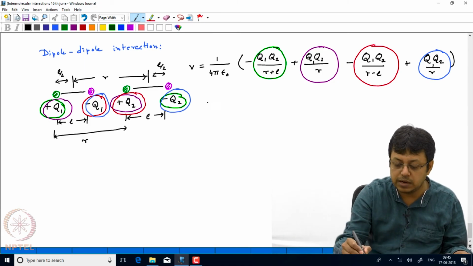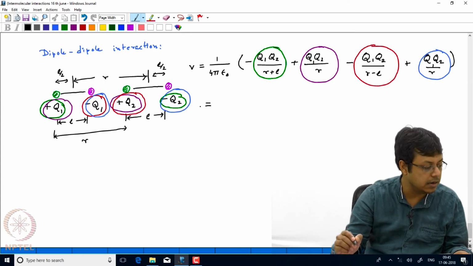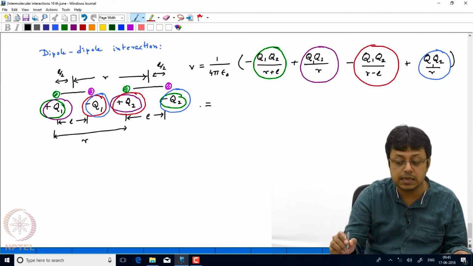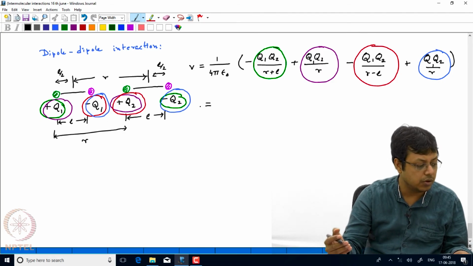Now we can arrange the terms, and as you can see, it is again a very straightforward calculation. We can take R common, but in the denominator it is not R plus L by 2 or R minus L by 2, it is just R. So, we can write it down.